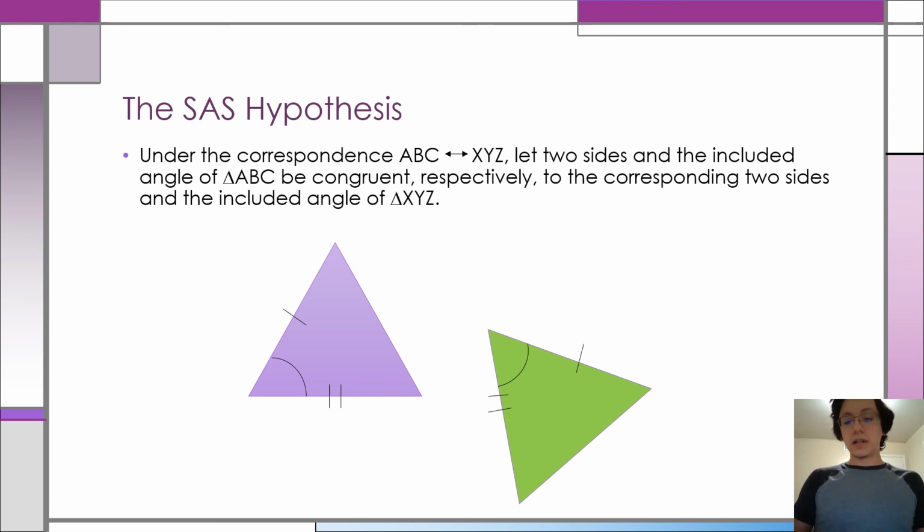And finally, we look at the other leg that has two tally marks on the green triangle, and we see that there are two tally marks on the purple triangle on the left, which then indicates that those sides are also the same length, thus showing that for each triangle, the side-angle-side hypothesis holds, and thus proves that these two triangles are in fact the same size and the same shape.